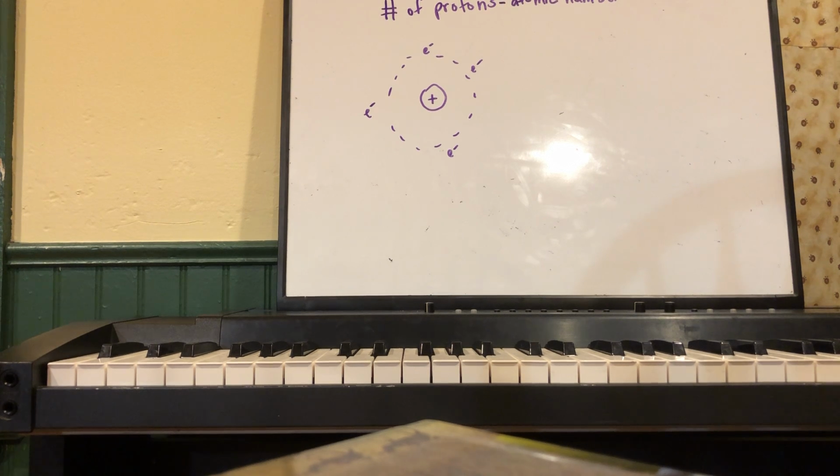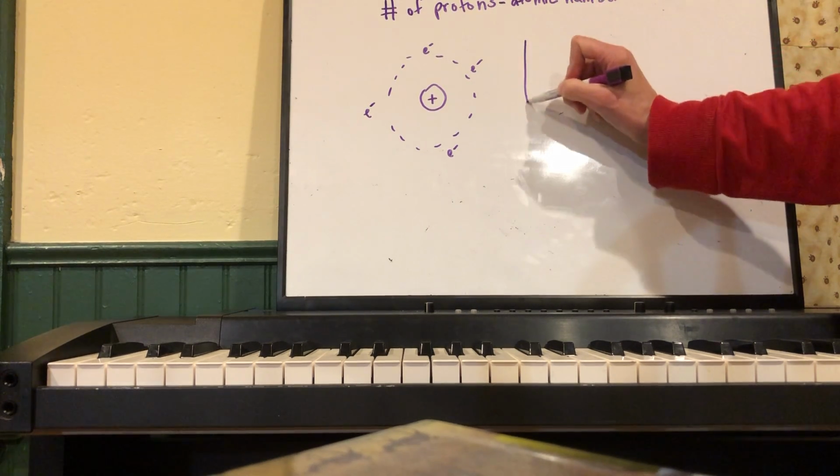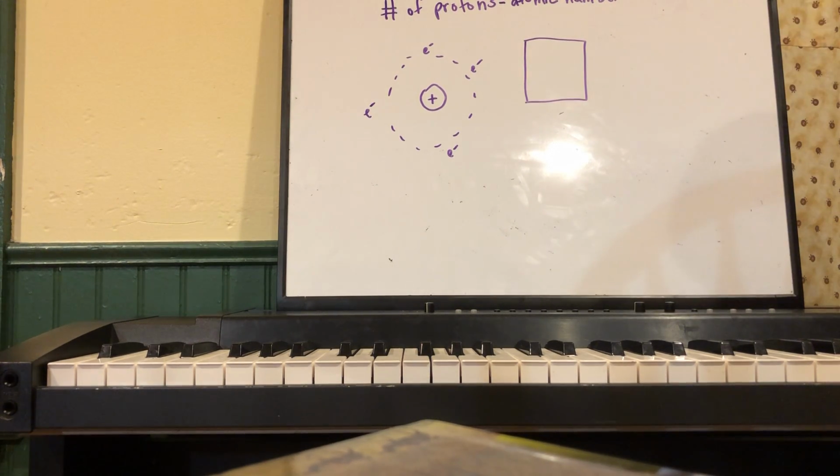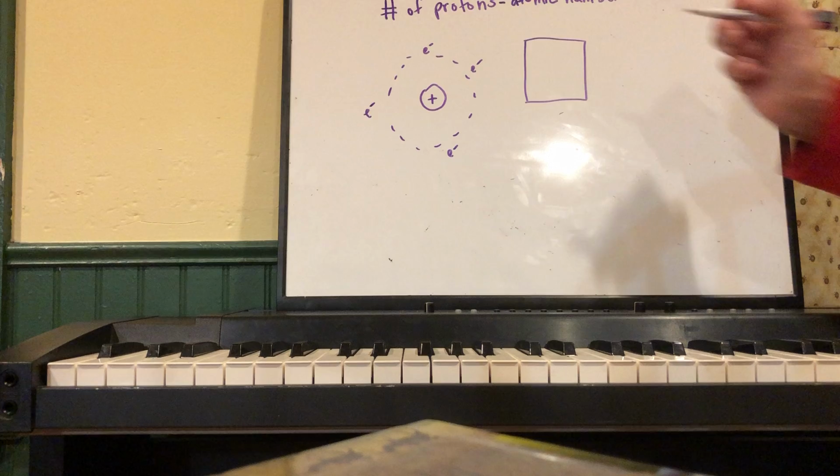Now, on page 103 of your book is a picture of a periodic table. If you look at all of the various things on the periodic table, what you'll see is a box that looks like that, sort of. Let's take carbon.